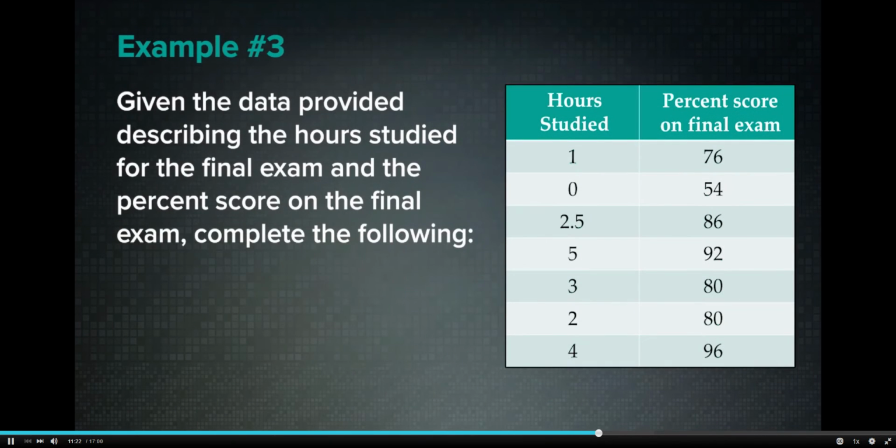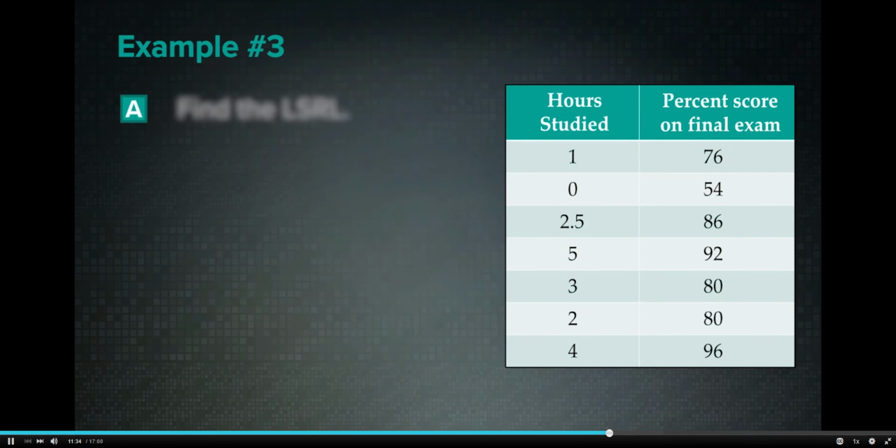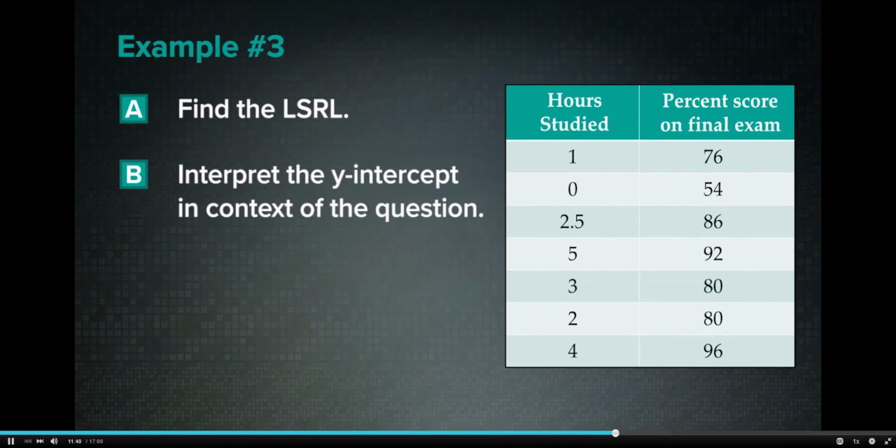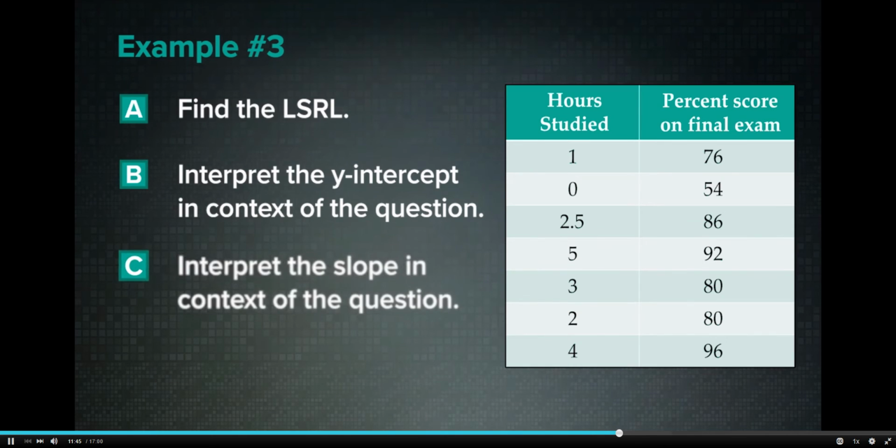Let's try another example. In example number 3, given the data provided describing hours studied for the final exam and the percent score on the final exam, complete the following. A, find the least squares regression line. B, interpret the y-intercept in context of the question. And C, interpret the slope in context of the question.